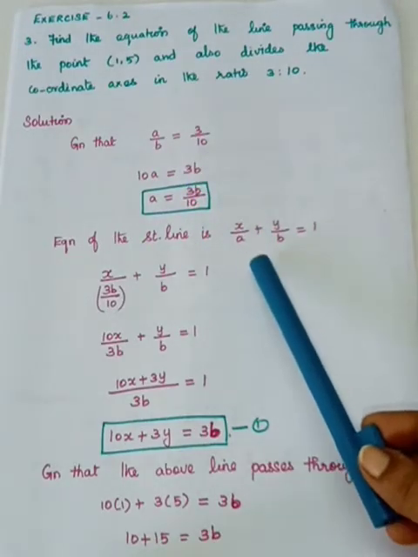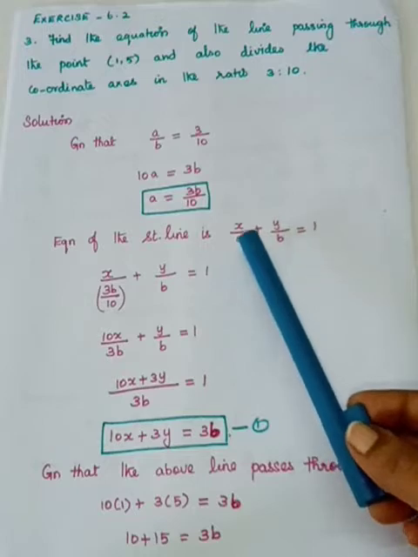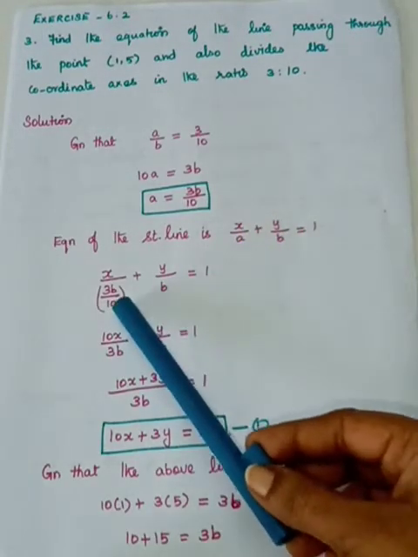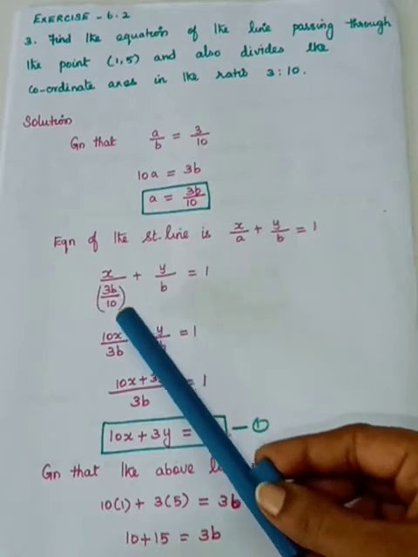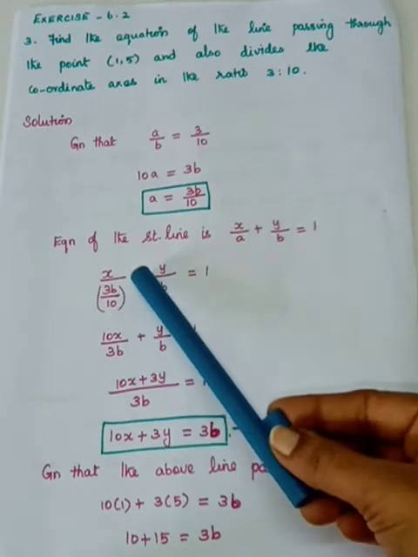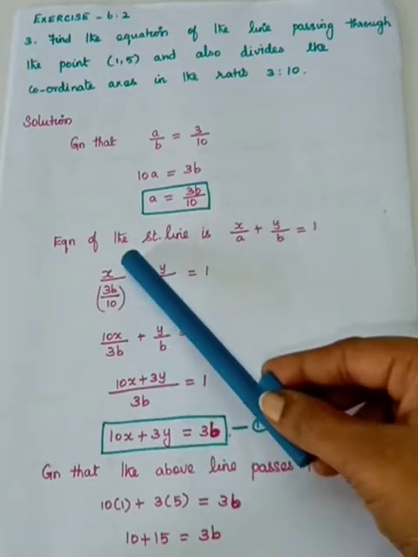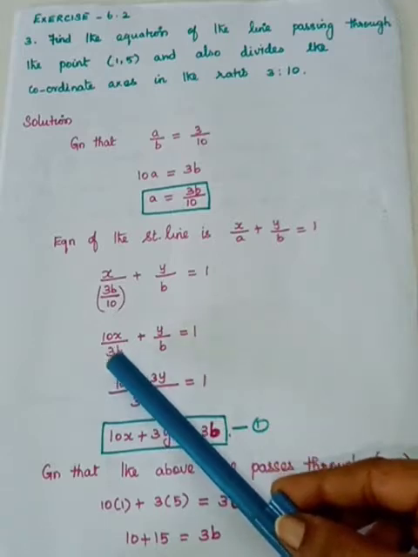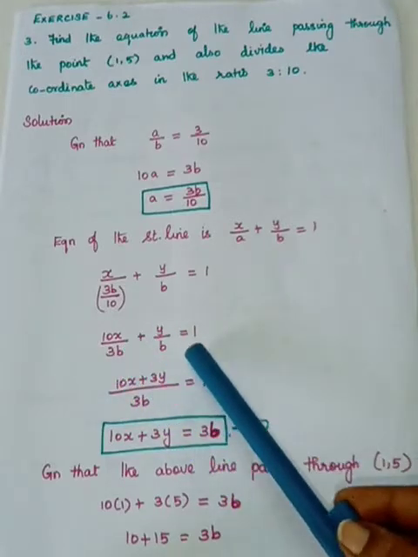The intercept form of the straight line is x by a plus y by b is equal to 1. In the place of a, we substitute 3b by 10. There is a 10 in the denominator of the denominator, so it will go to the numerator. So it is 10x divided by 3b plus y by b is equal to 1.